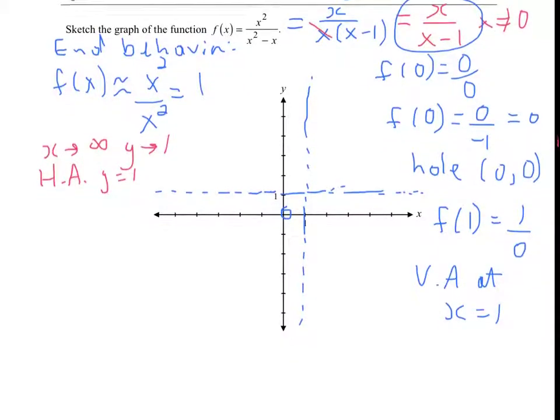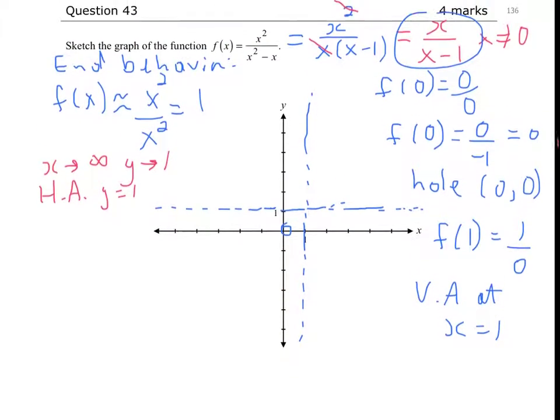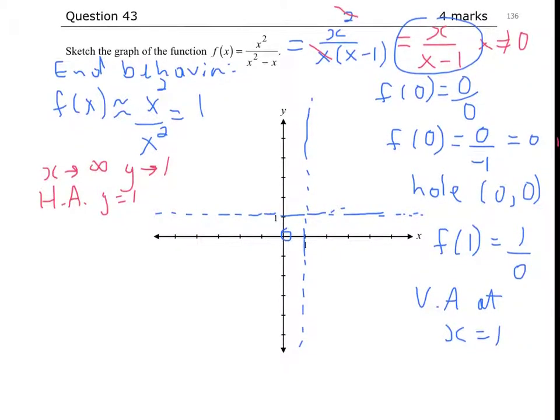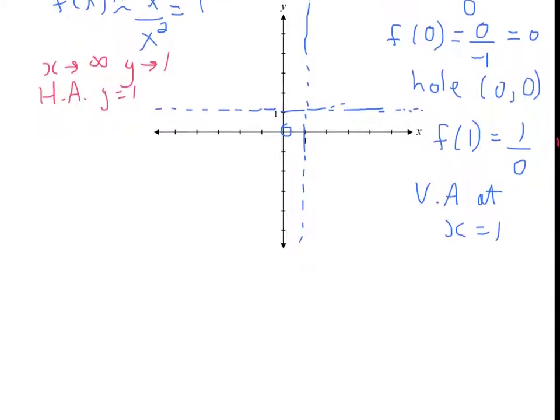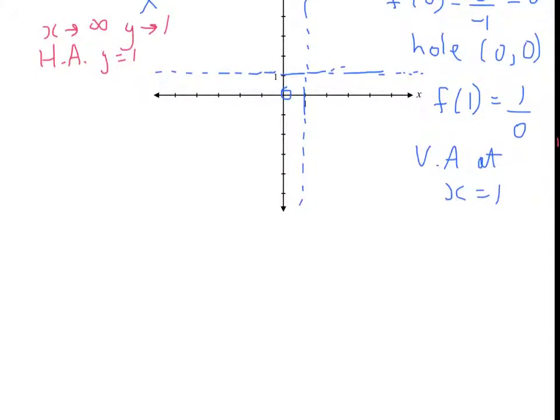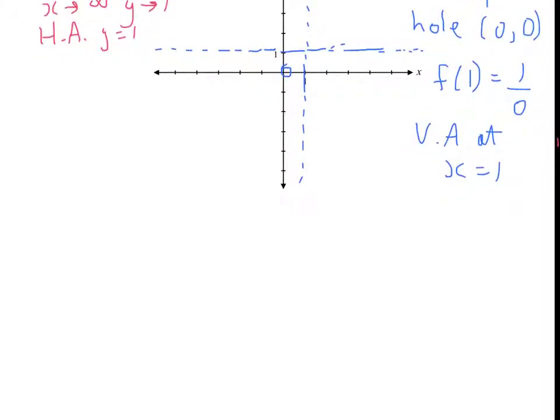So in order to do a table of values, I would prefer we use the simplified function x over x minus 1 because we know what's happening at the hole. There's a couple things that we're going to want to put in our table of values. Mainly x and y, and some values. So I'm going to probably go back to minus 3. So minus 3, minus 2, then minus 1.